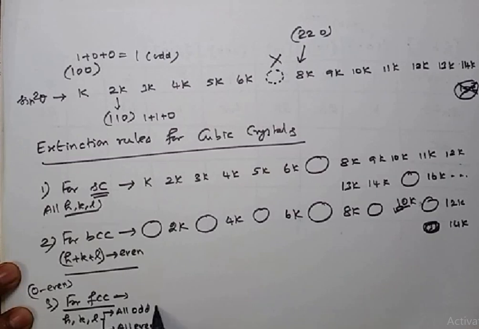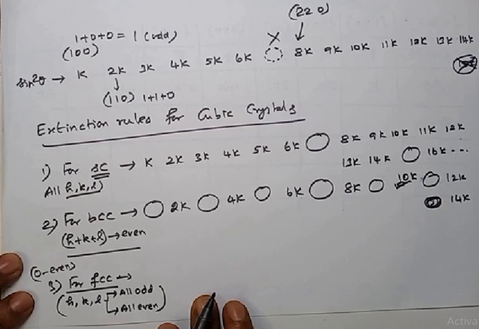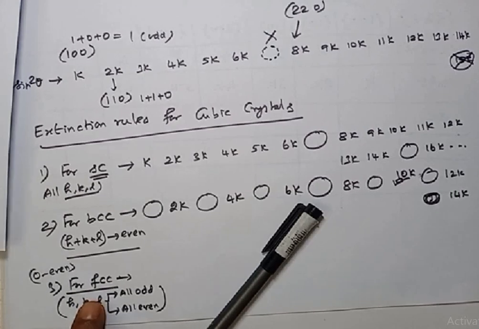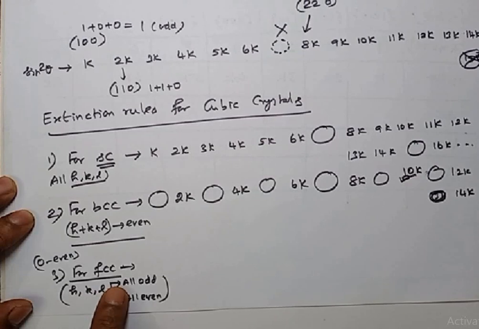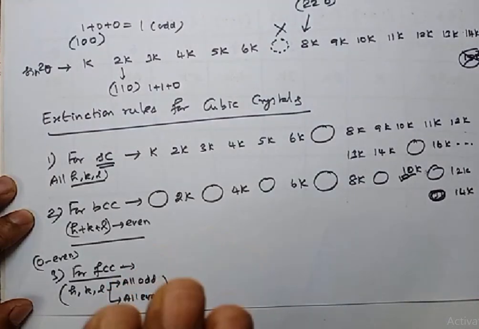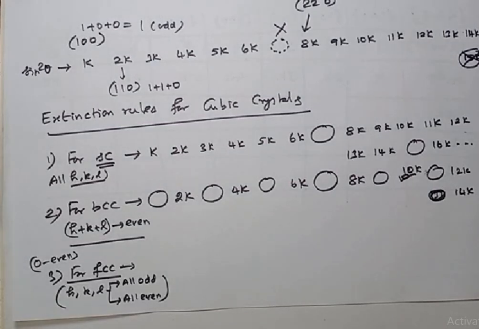Only those planes will reflect X-rays, and those X-rays will undergo constructive interference and will give a signal in the spectrum, or in the XRD diffraction pattern.